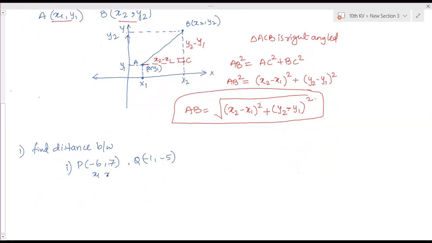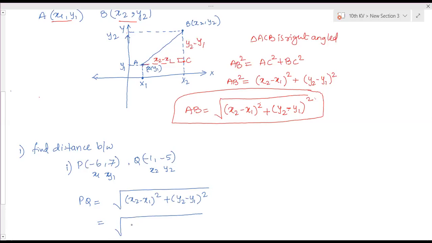I will consider this is x1, y1 and this is x2, y2. So we have the formula distance PQ is equal to square root of x2 minus x1 whole square plus y2 minus y1 whole square. So what is x2? Minus 1 minus of minus 6 whole square plus y2 is minus 5 minus of 7 whole square.